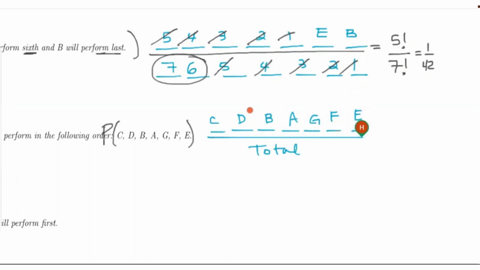Okay. There's only one way to have this order. Total is a 7 factorial. Okay, what's a 7 factorial? Any questions so far? No question. So look at the last one.